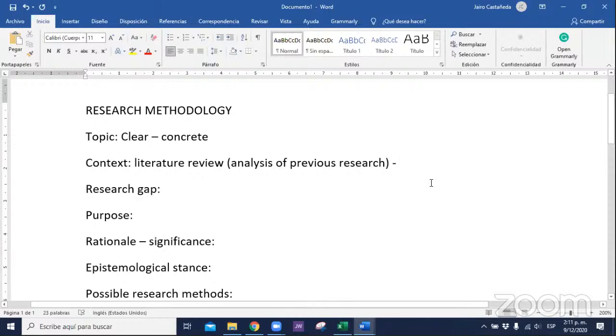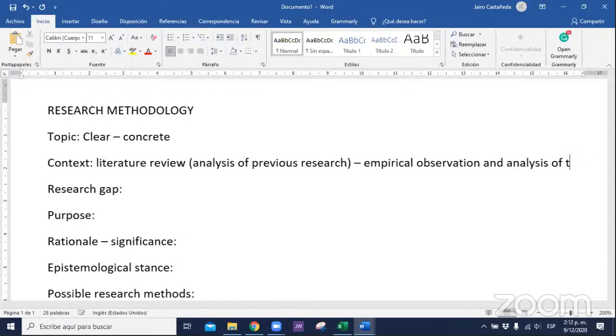But also, if your research is going to include people, if your research is going to include a certain kind of population, you have to do an empirical observation and analysis of the context.